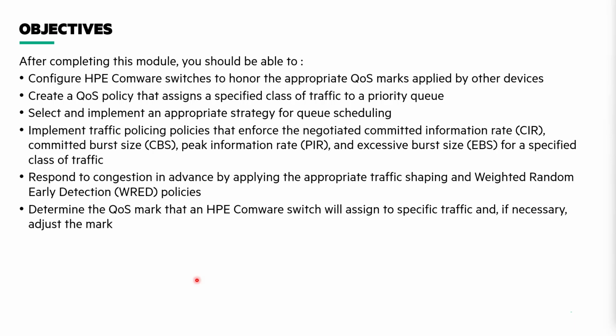Now just keep in mind, in any quality of service or QoS implementation, before you think of QoS, you need to think of a good design. If you have not had adequate uplinks and the design doesn't accommodate the traffic that is generated, and you didn't understand your network, then even with the best quality of service, you will not be able to overcome the limitation of a bad design.